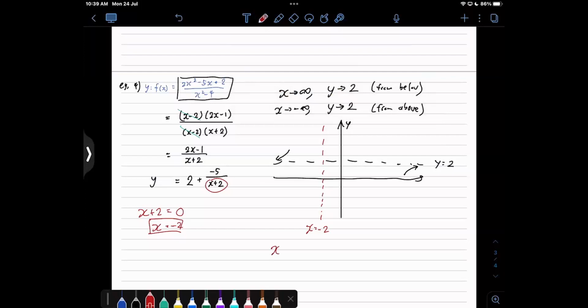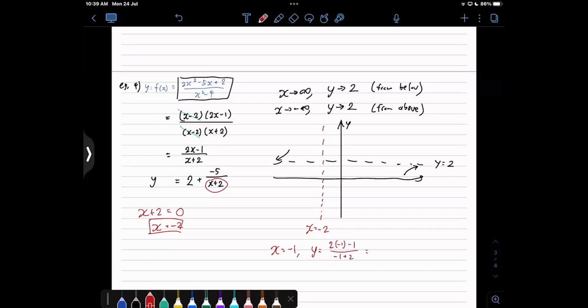So let's say x equals -1, then you find the y value. There's no issue with -1, right? You won't divide by 0 here, right? No, so you can just use the simplified version and sub in -1. So 2 times -1 minus 1 over -1 plus 2.